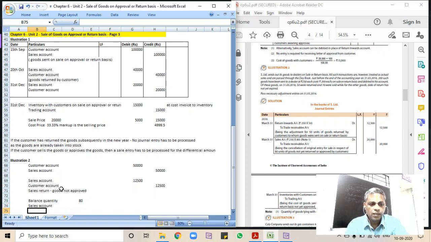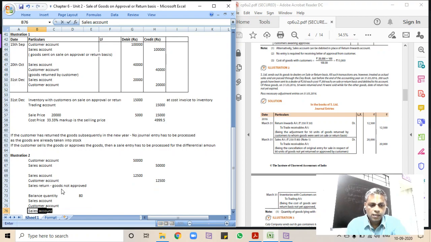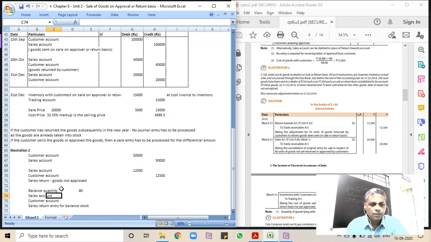Sales account debit to customer account. This is sales return entry for balance stock, which is 80 into 250, that is 20,000 rupees. The sales return entry has to be processed.